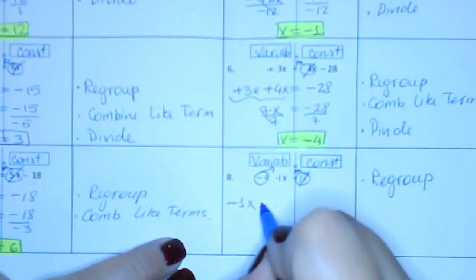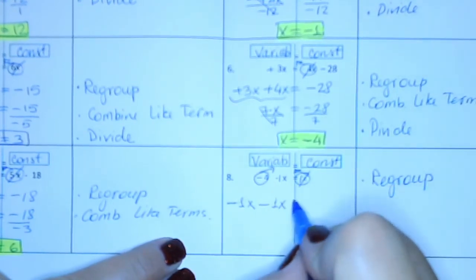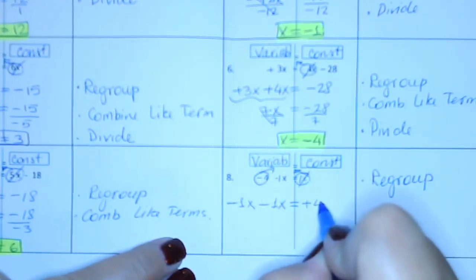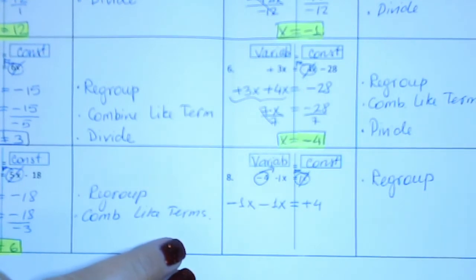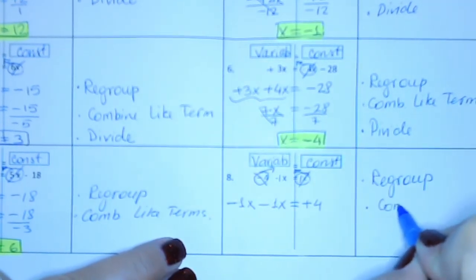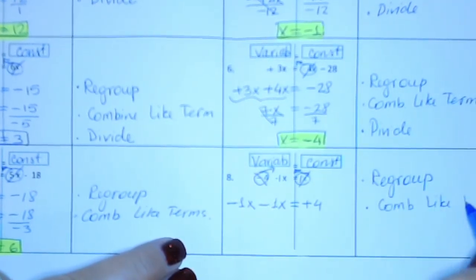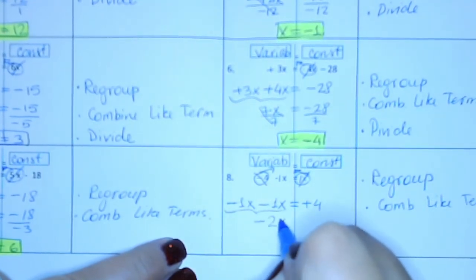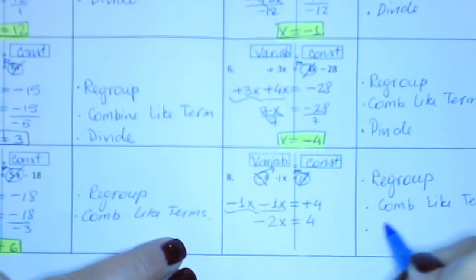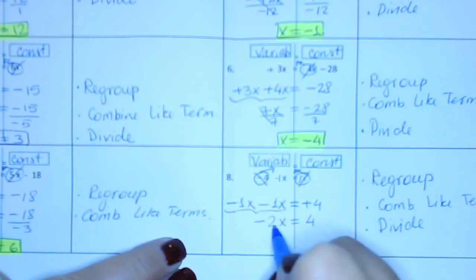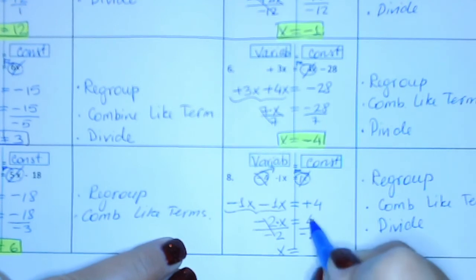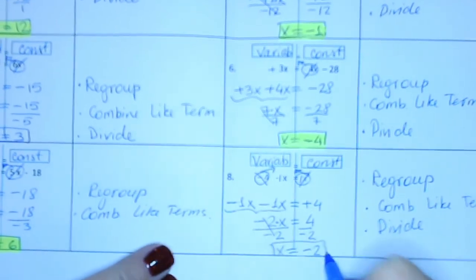Pass over this 1x using inverse operation, subtract, equals the constant passed over to the right, so I have to use the inverse operation, plus 4. Combine like terms. Negative and negative. Add the numbers, keep the sign, and divide. Dividing by -2 to get that x alone, positive divided by a negative is -2.